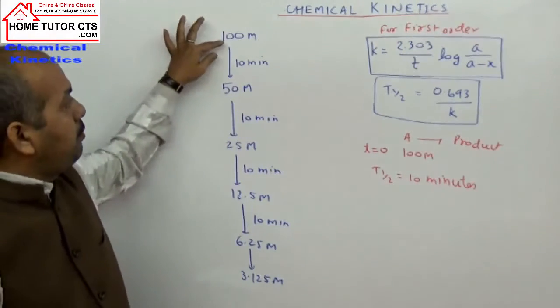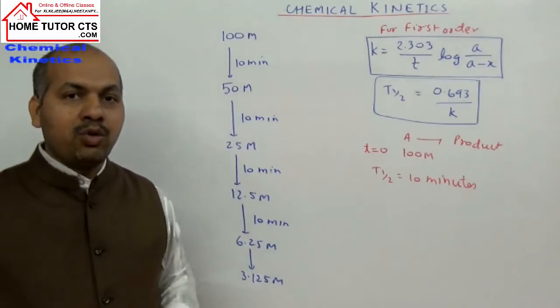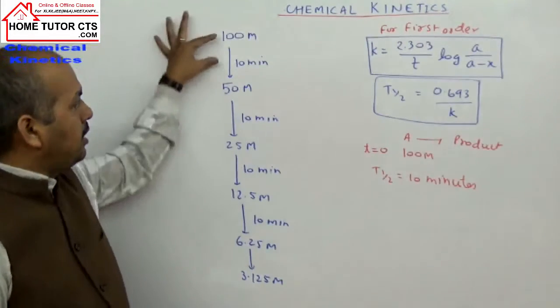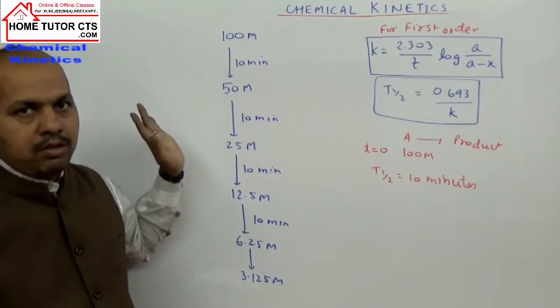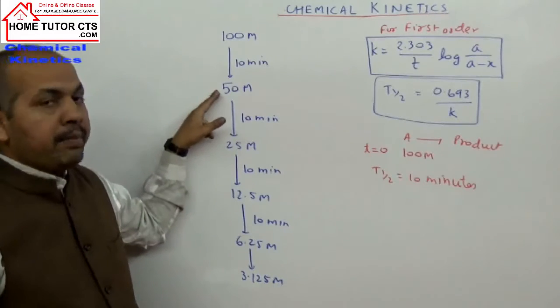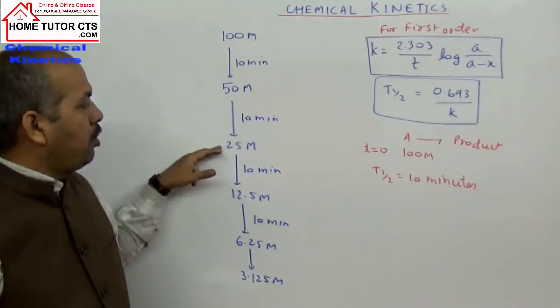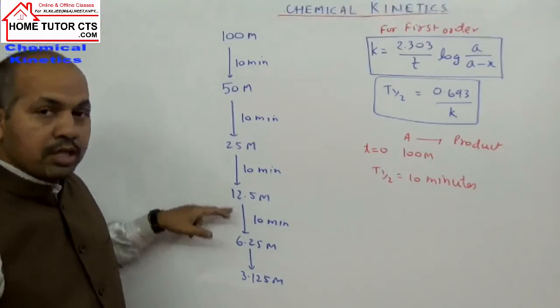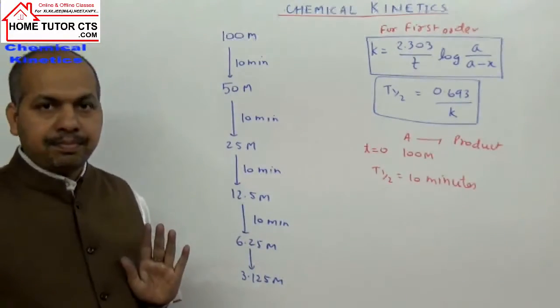Don't think 50 is consumed in the first 10 minutes and 50 in the second 10 minutes so the amount becomes 0. Not like that. In each 10 minutes, the fraction decomposing is 50% of the amount present at that time. In the next 10 minutes, 50% of what remains decomposes, and so on.